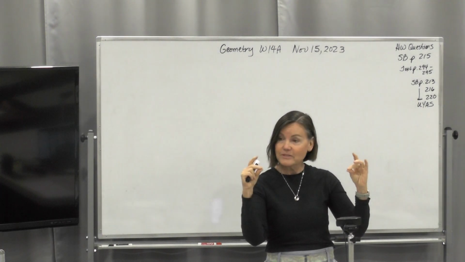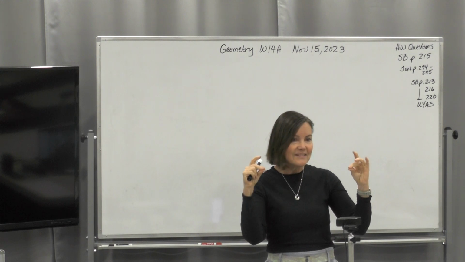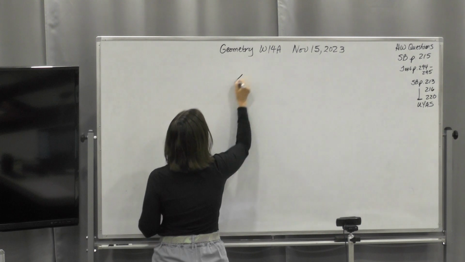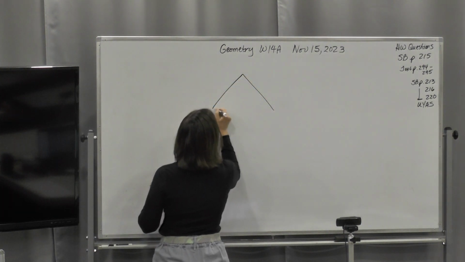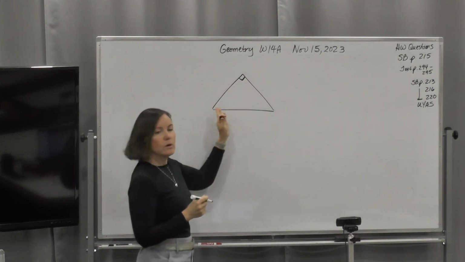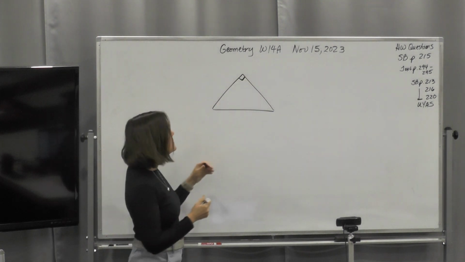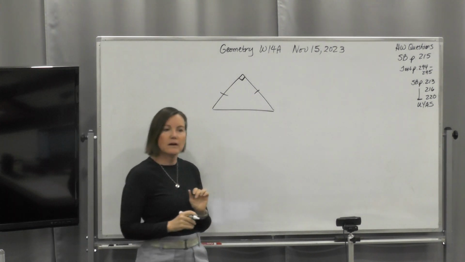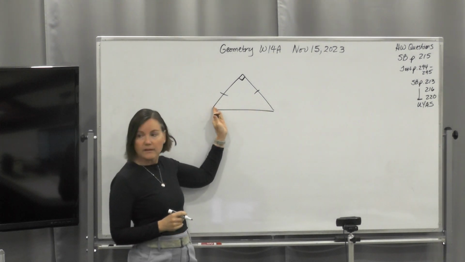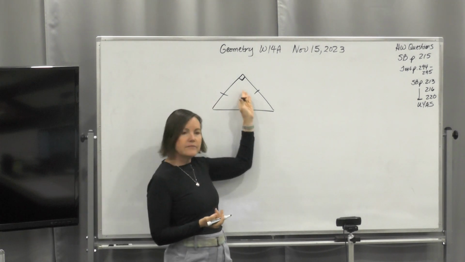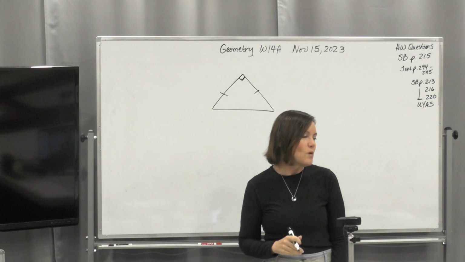Half of the 90, right? If this is the right angle, this is kind of the easiest way. If it's half of a square, what's left for these two angles? 45. So we would call this a 45-45-90 triangle.